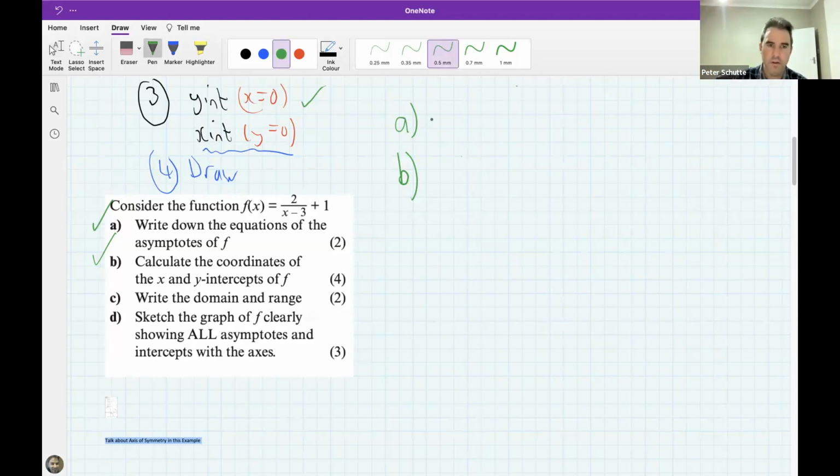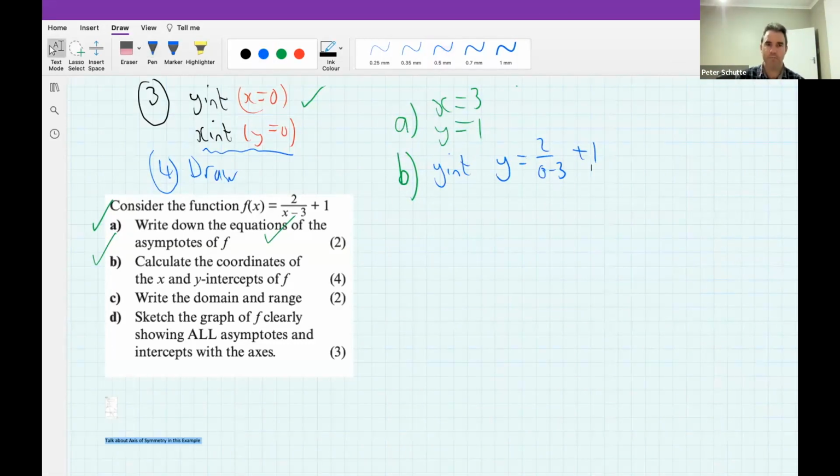Okay, so we get x is 3 and y is 1 for A. And then for B, what are we going to get for this next?